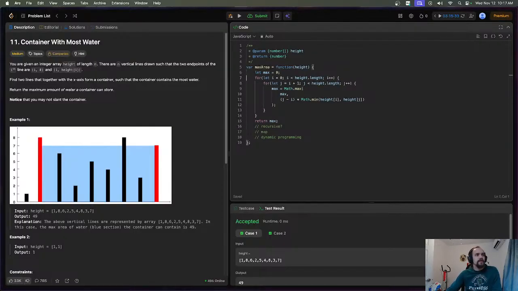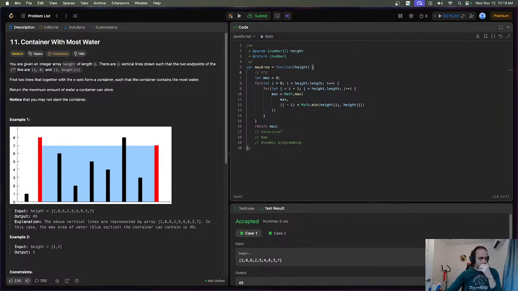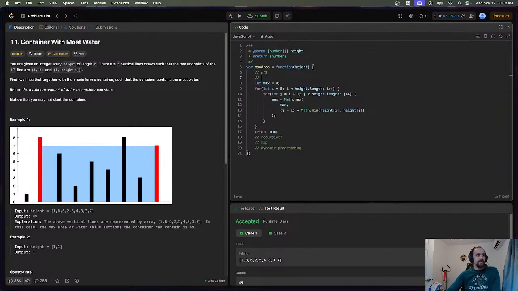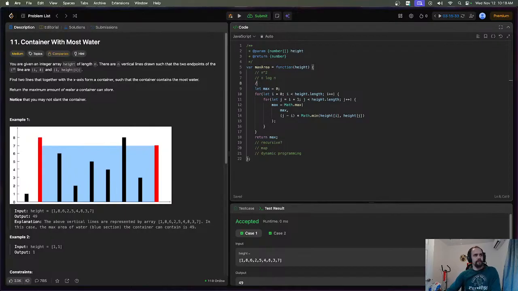Important note that we are currently n squared, so potential improvements could be n log n and n. I can imagine us being able to do maybe n log n, but I don't know about n.